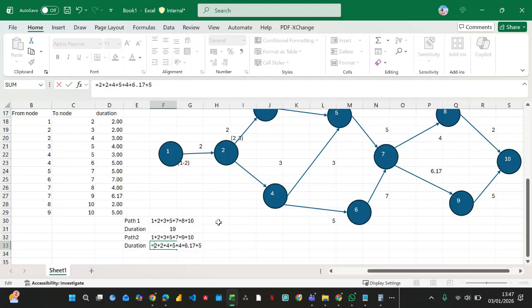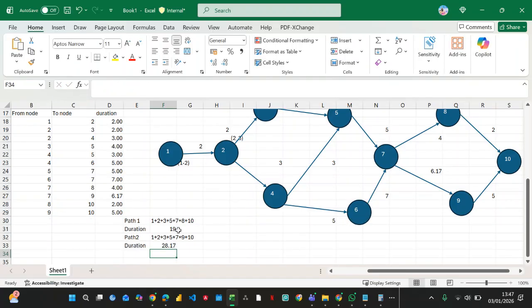Okay, so let me put an equal sign. That's 28.